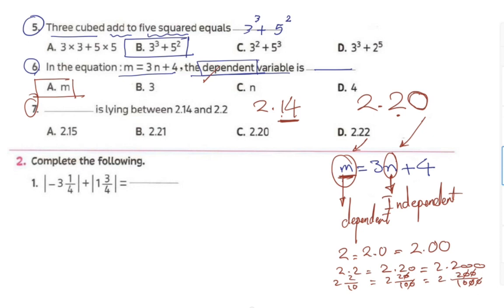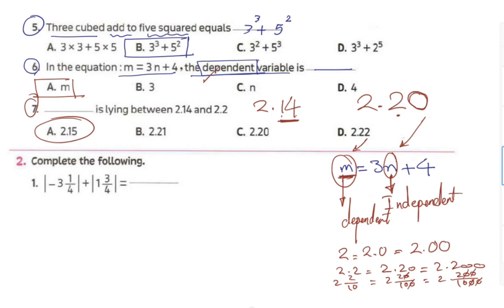So it's the same value. Okay. Now I need to find a number between 2.14 and 2.20. Maybe 2.15, 2.16, 2.17, 2.18, 2.19. Anyone. Okay, so 2.15 is the right choice.